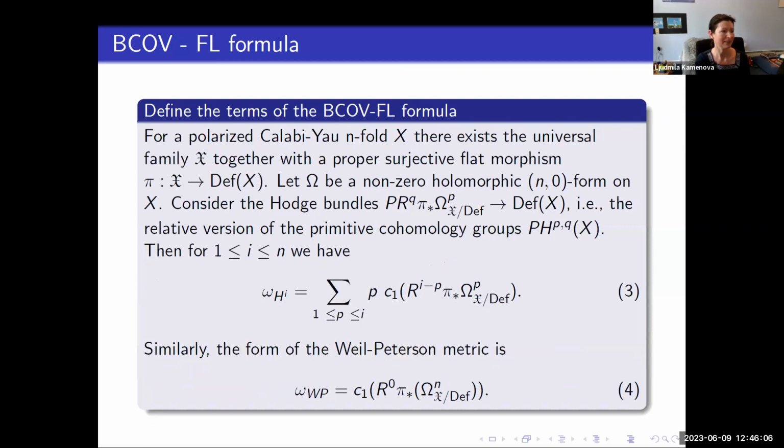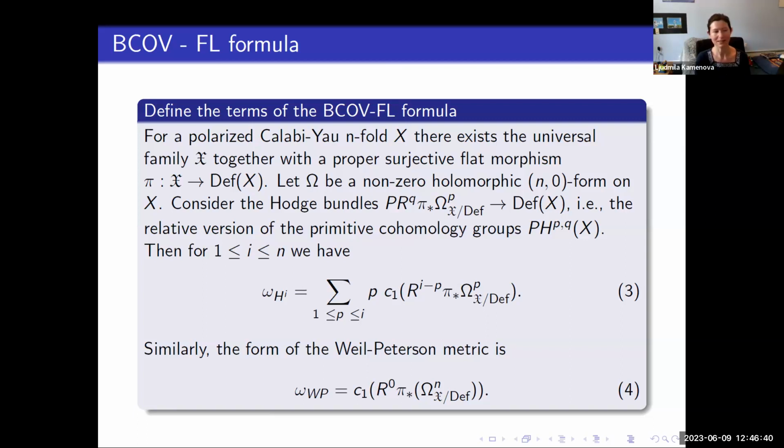Here I'm not going to talk about the precise definition, but you can see that it can be defined using Chern classes of Hodge bundles, which are relative versions of the primitive cohomology groups on a given Calabi-Yau manifold. So you can express both the generalized Hodge bundles and the Weil-Petersson metric.